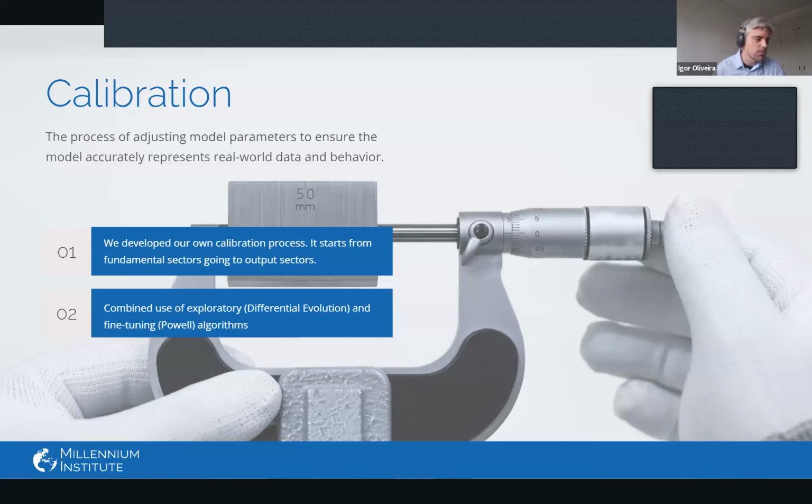So we match it to historical data, and we have a testing procedure for that, which involves the combined use of exploratory and more fine-tuning algorithms. So it's really in this process of adapting the model to a new country and testing it to see if it really represents that new reality.